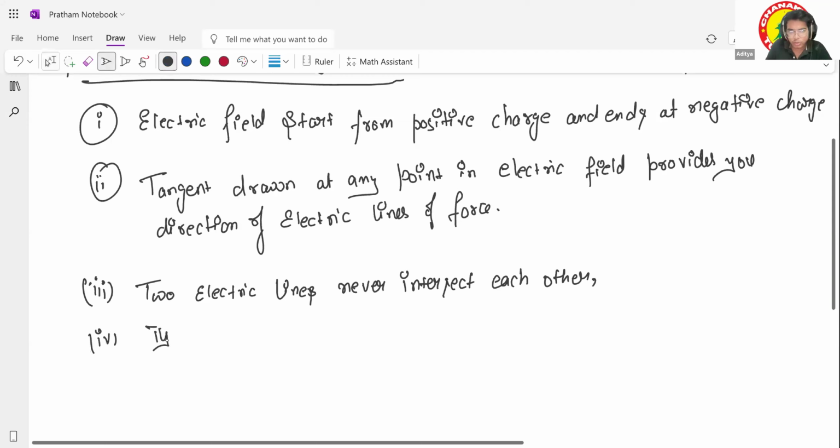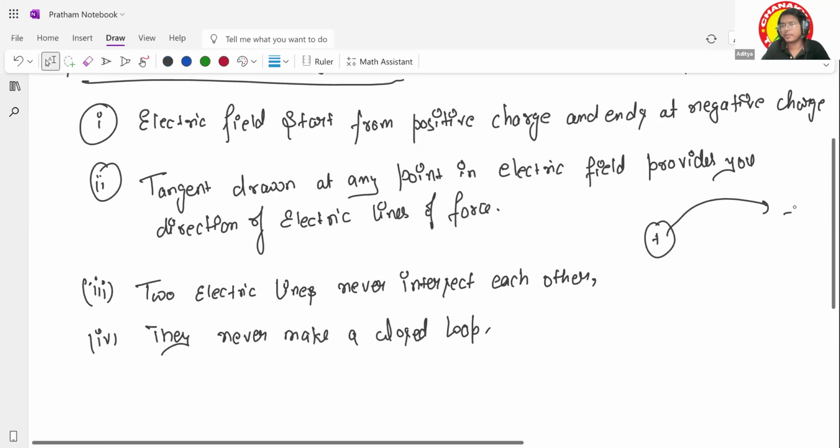They never make a closed loop. Basically they start from a positive charge and end at a negative one. A very general idea is that if something has been started, it has to end somewhere. They start at a positive charge and are going to end at a negative charge itself.